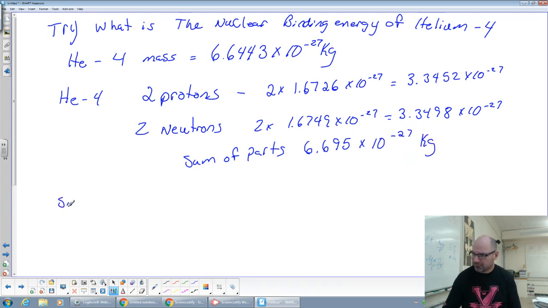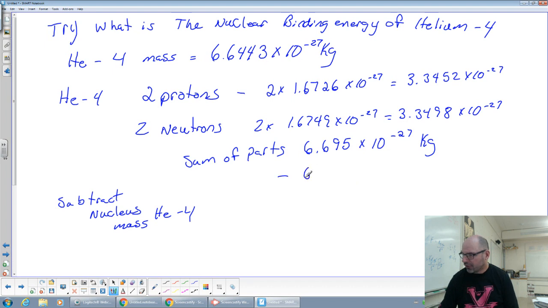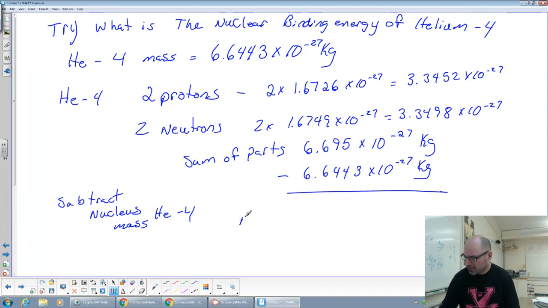Okay, then we subtract the nucleus mass of helium-4. Okay, helium-4 mass is right there. So we're going to subtract 6.6443 times 10 to the negative 27 kilograms. Okay, this is going to give us our missing mass or a mass defect.